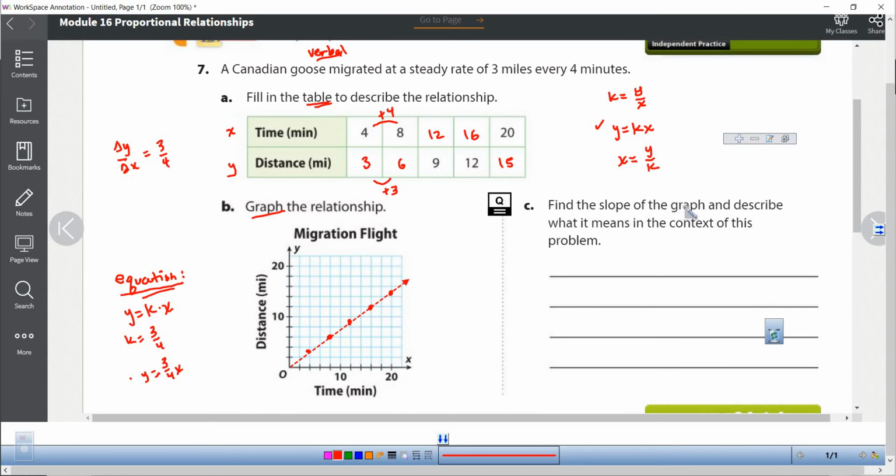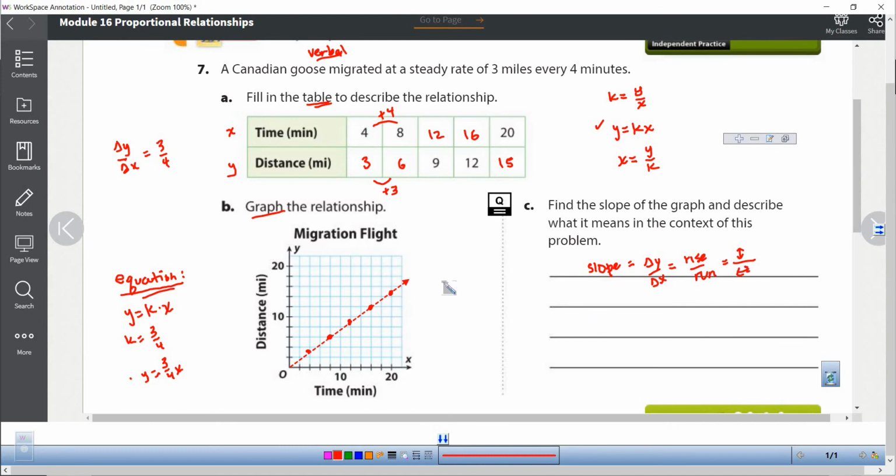Now over here it says find the slope of the graph and describe what it means in the context of this problem. Well, remember, slope is equal to the change in y over the change in x, or if you prefer, the rise over the run. It's how much you're going up and down compared to how much you go left and right.